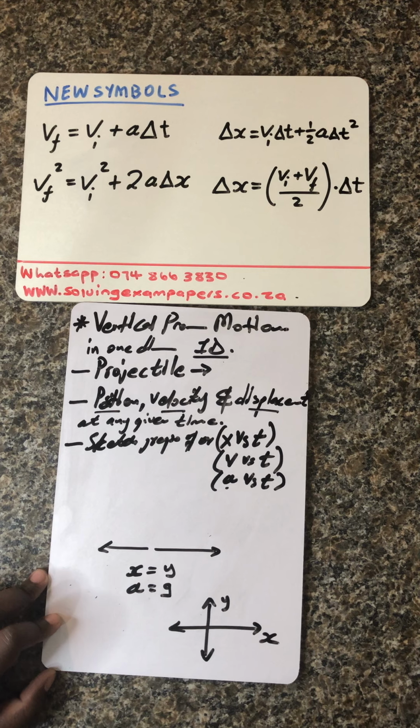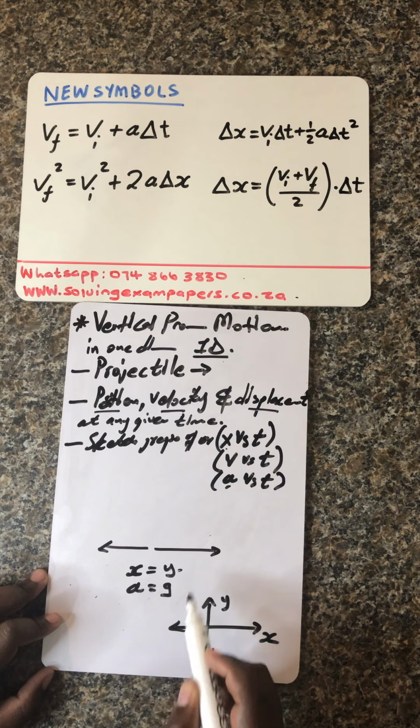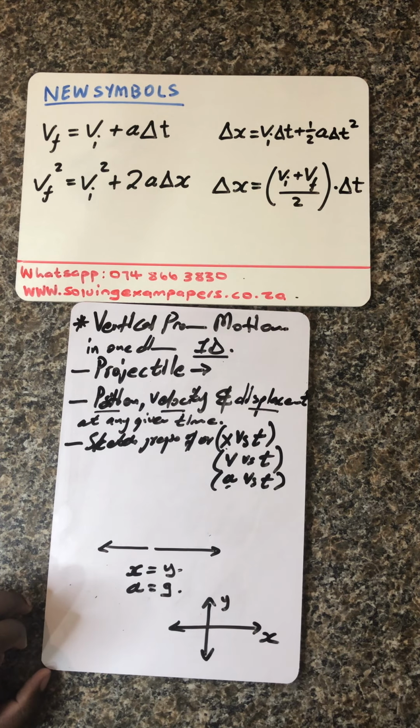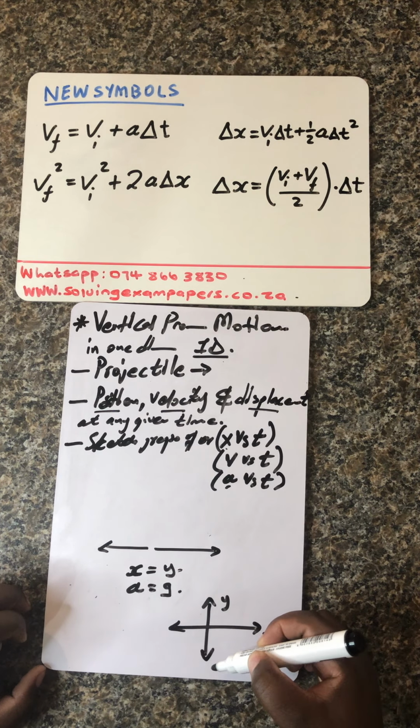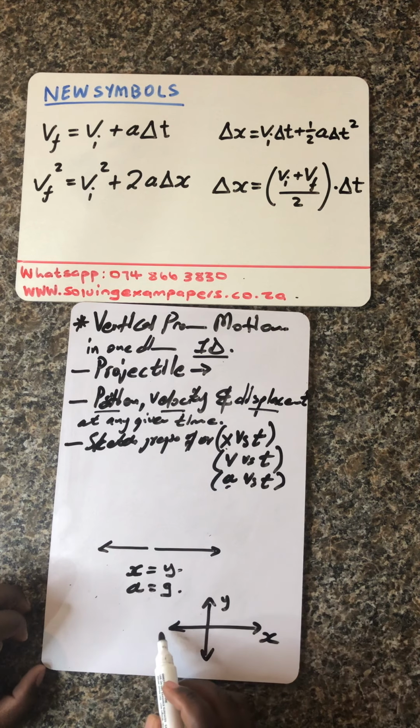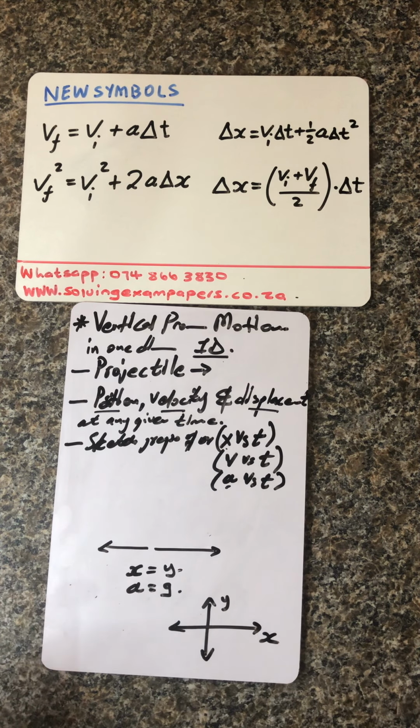In this case, horizontally it's acceleration, vertically we refer to gravity. So ladies and gentlemen, do not be worried that much when you see a position being represented by x, and acceleration being represented by a. In some instances it might be represented by a y or g, depending on whether we're dealing with a problem where the object is moving vertically upwards or downwards, or otherwise horizontally to the right or to the left.